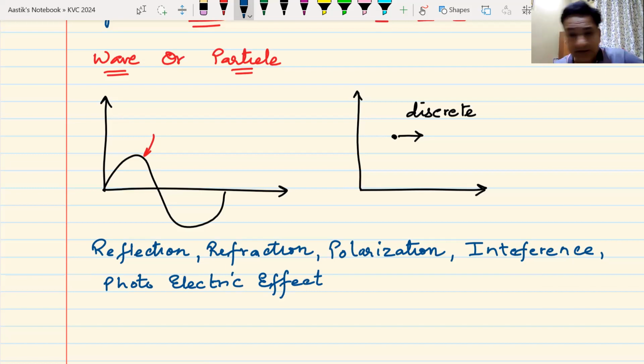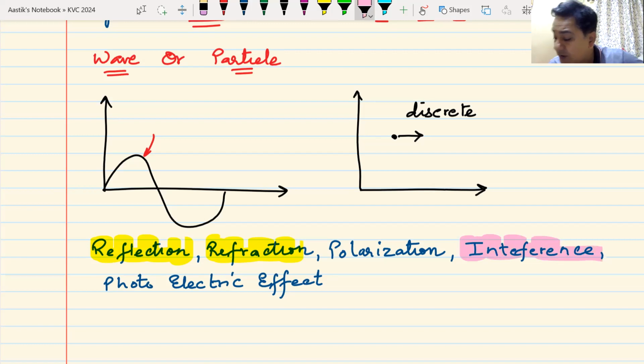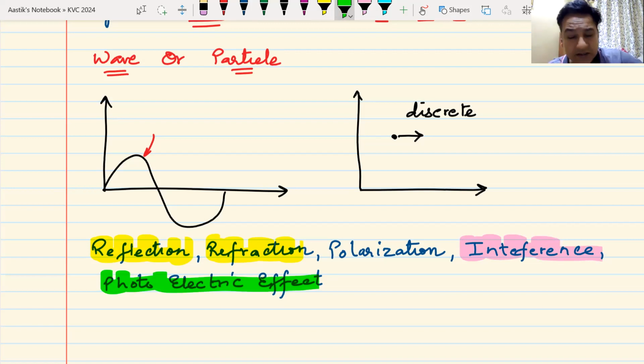Now, some of these phenomena can be explained by both wave and particle nature. If I talk about reflection and refraction, we can understand them by considering light as a wave or light as a particle. But there are certain phenomena which can only be explained by one nature of light. For example, interference of light can only be explained by the wave nature of light. Similarly, the photoelectric effect can only be explained by the particle nature of light.